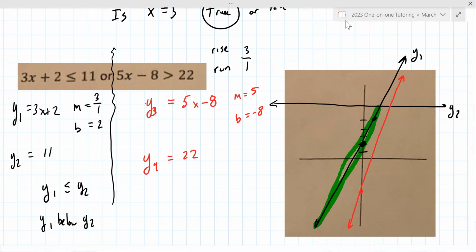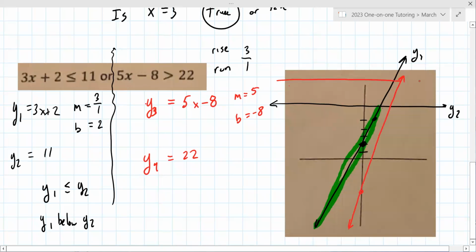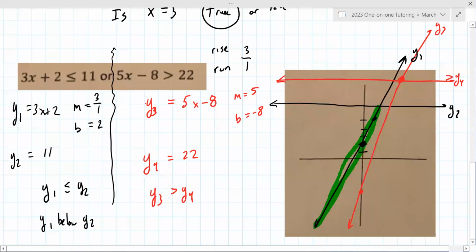This time though, the other line, again, not to scale, y4 is at 22. So this is y3 in red, y4 is there. This time you're asking, where is y3 greater than y4? Where is y3 above y4?